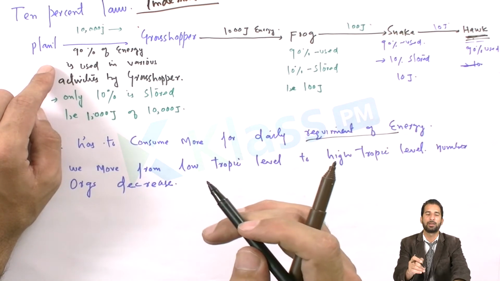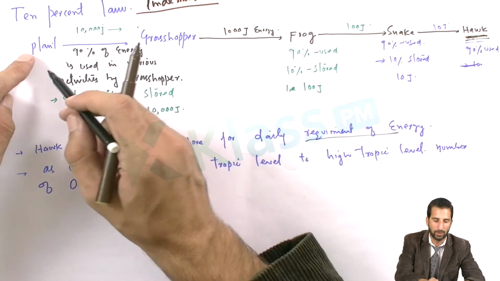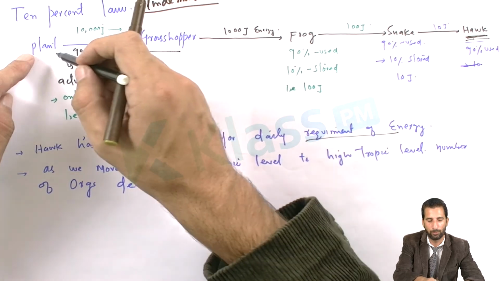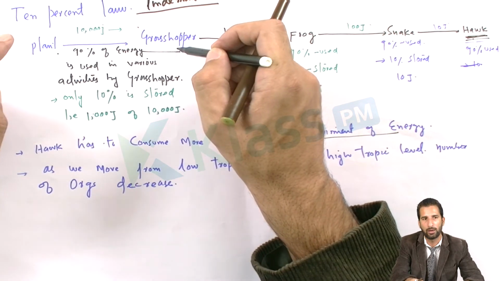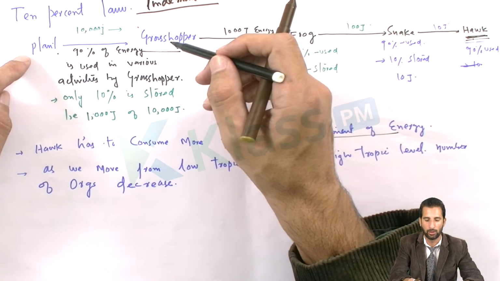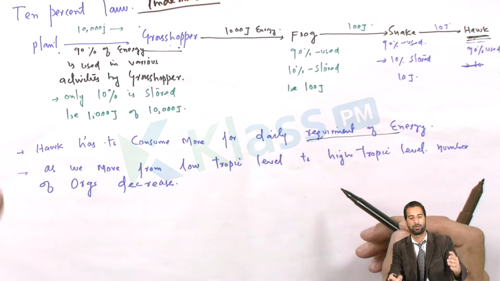The number of organisms decreases. See here, plants are very numerous in number. But if we compare the number between plants and grasshoppers, the number of plants would be very much greater. The number of grasshoppers would be less compared to the plants.